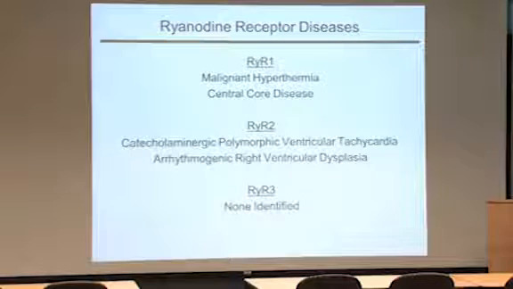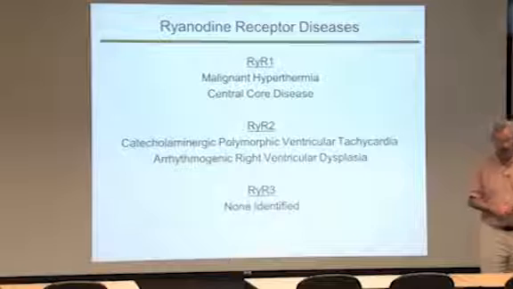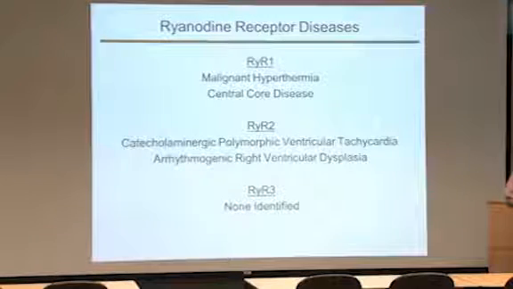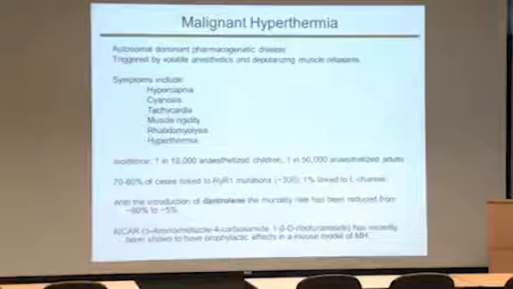I'll describe those a little bit more in a minute. And in RyR3, there haven't been any diseases linked to it yet. It could be that mutations in RyR3 are lethal. Could be they don't cause a disease. Could be that it's just not studied as well as RyR1 and 2, and there just haven't been diseases linked to it yet.